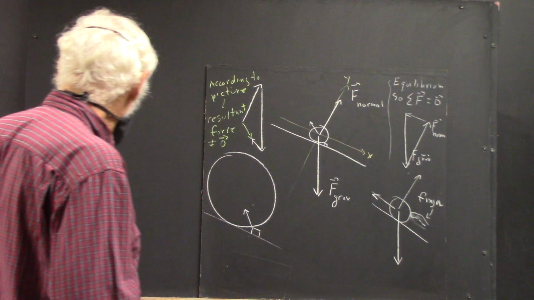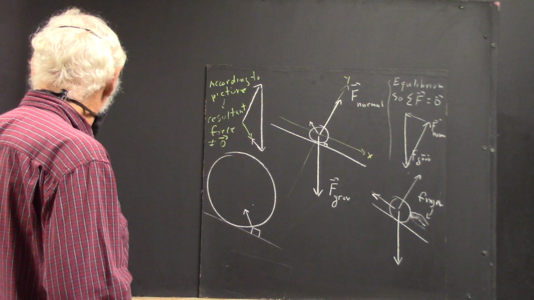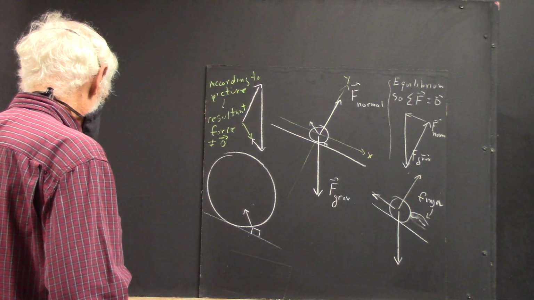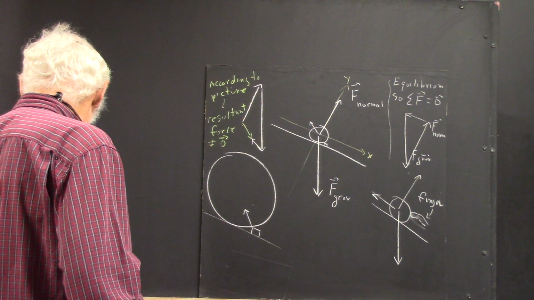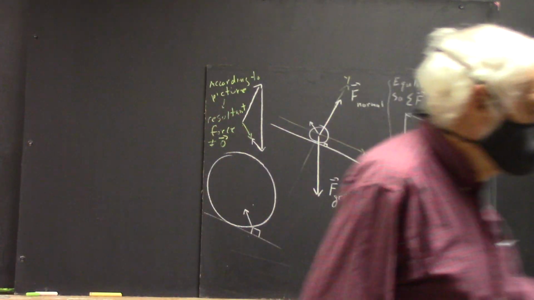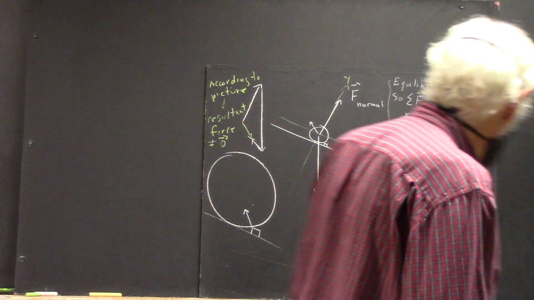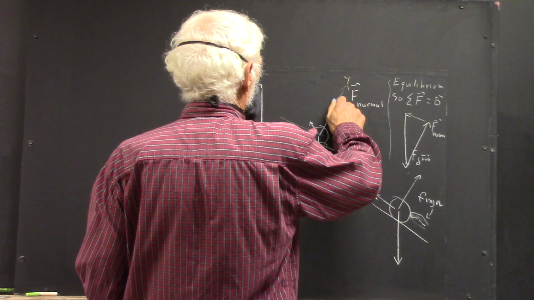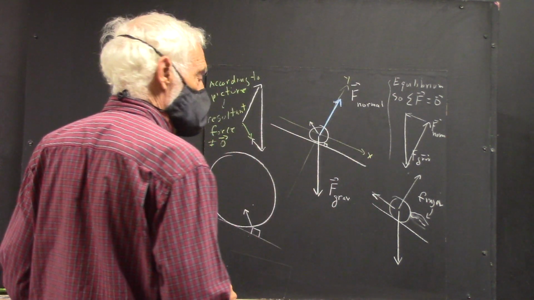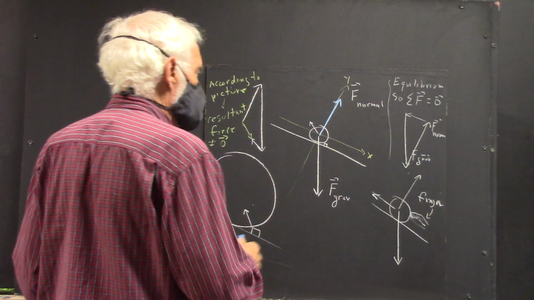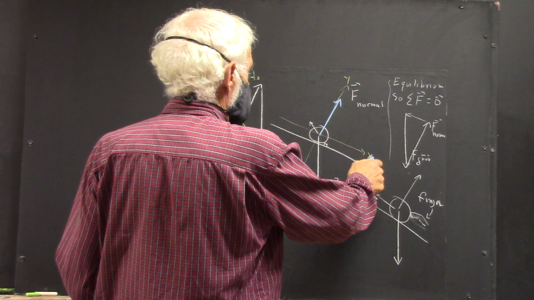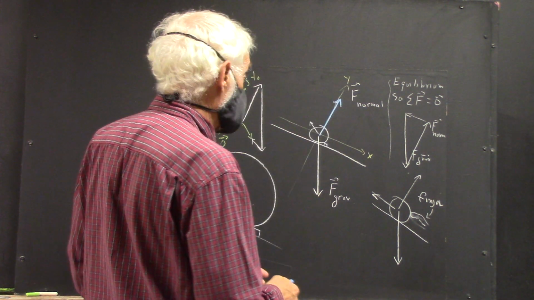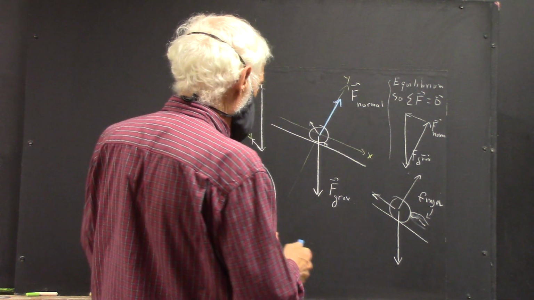In that case, okay, I'm going to get fancy with colors here. I'm going to use blue chalk for the normal force. The normal force has 0 x component, right? The normal force is just purely in the y direction. Every other force has an x and a y component.